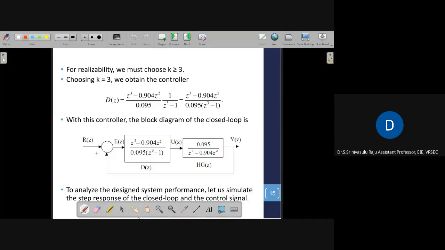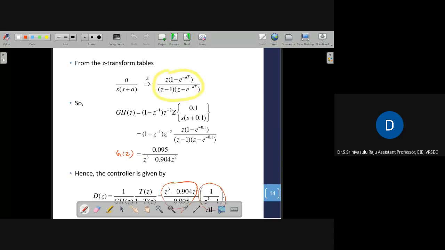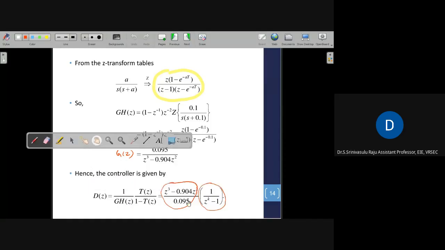We have already seen one point for feasibility: the order of the denominator should be greater than or equal to the order of the numerator. What is the order of the numerator here? 3. So what should be the value of K? It should be equal to or greater than 3. Then only the controller is feasible, and you can implement the control algorithm.